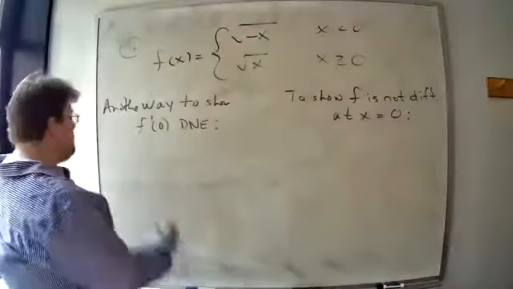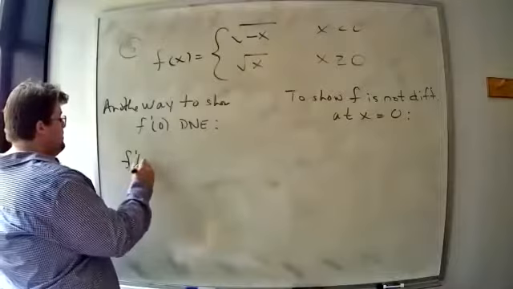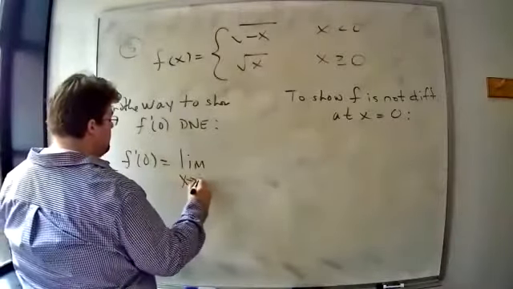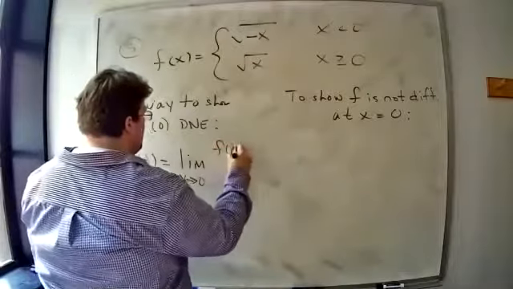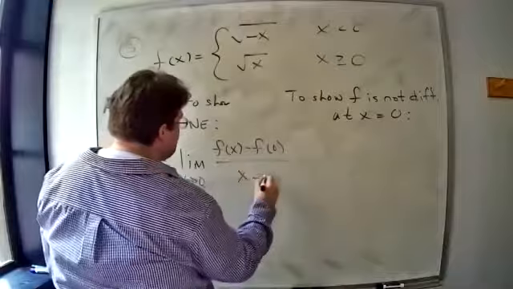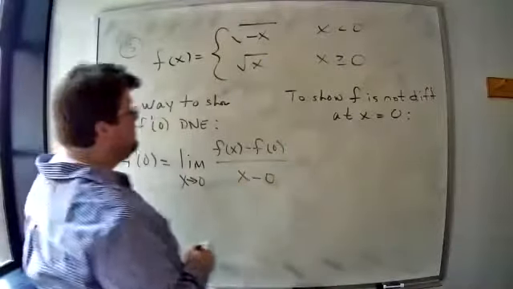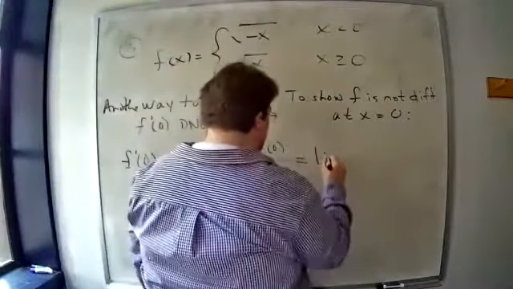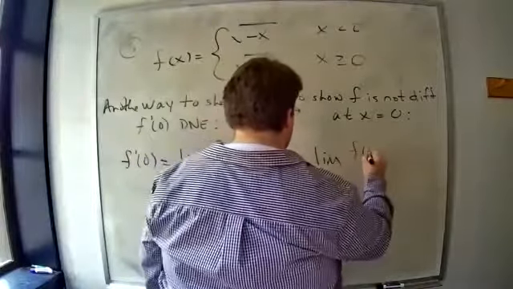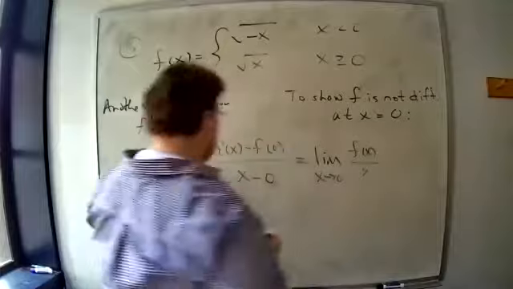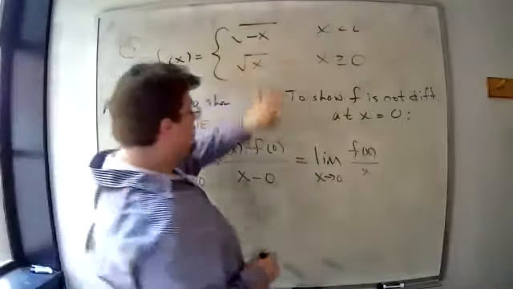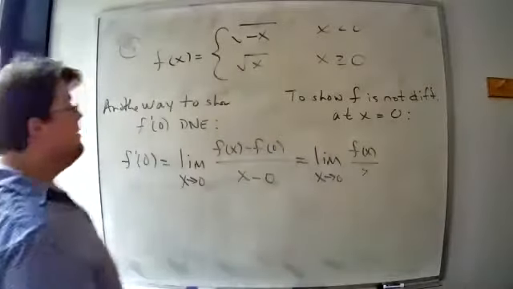The definition of the derivative at a point: f prime at 0 equals the limit as x approaches 0 of f of x minus f of 0 all over x minus 0, which equals the limit as x approaches 0 of f of x over x. F of 0 is 0, so that second part does equal 0.